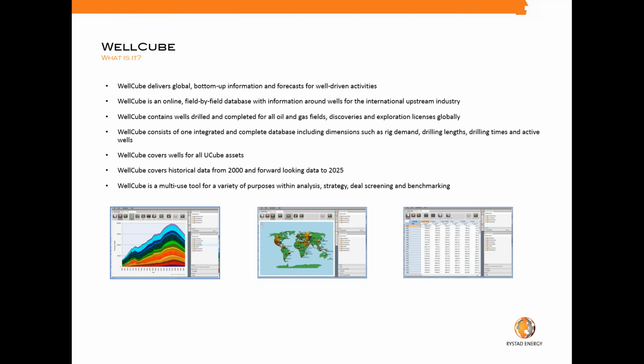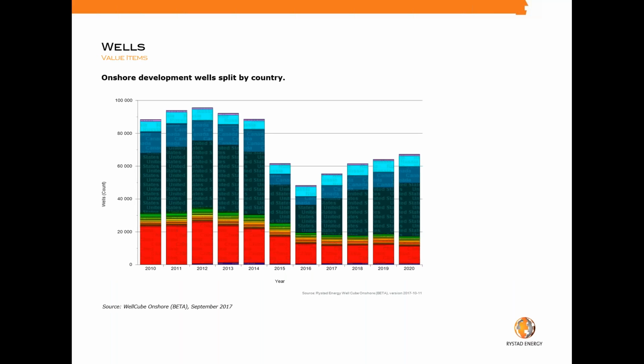Among other, the data can be split on geographies, field size, wellbore purposes, operator, etc. And the demand can, of course, be sensitized on the different oil price scenarios, similar to what we have in other Rystad Energy databases.